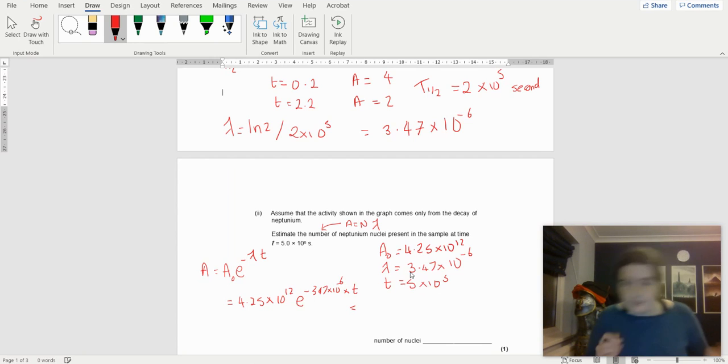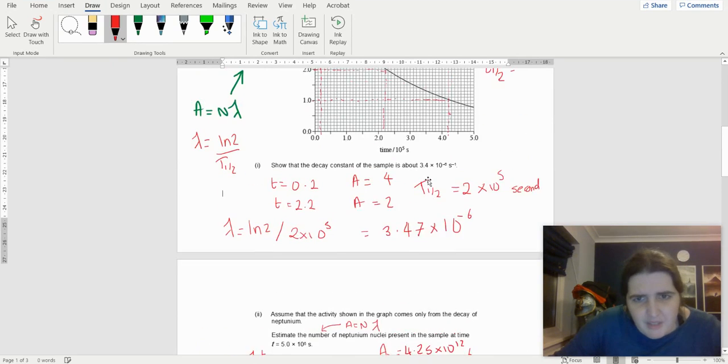I'm just going to put that into a calculator: 3.47 times 10 to the minus 6 times 5 times 10 to the 5, minus that, e to the power of that, and then times 4.25 times 10 to the 12. So I've got an activity of 7.5 times 10 to the 11.